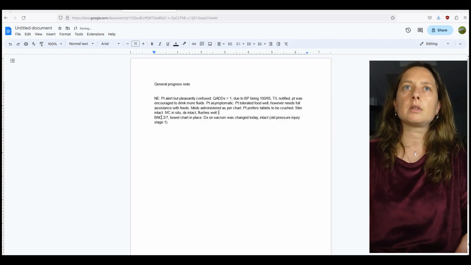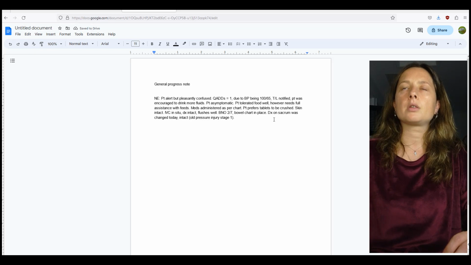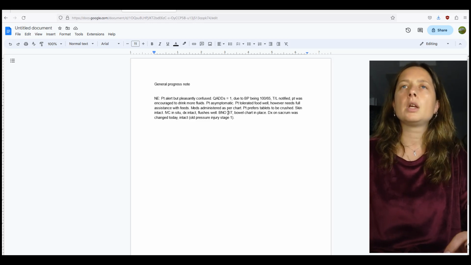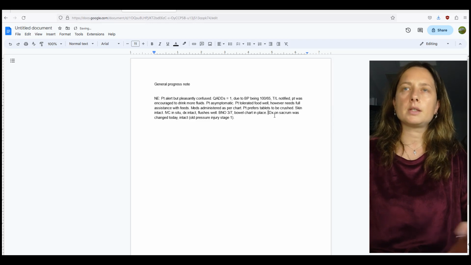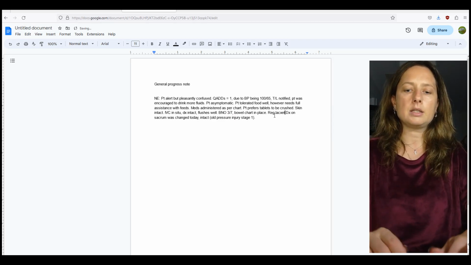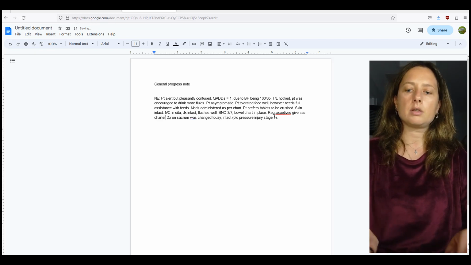Let's pretend that this was for a different patient. Let's say bowels not open, bowel chart in place. Someone with a pressure injury would not be moving much, so they would get constipated quite often. So you would say bowels not open 2 out of 7. Let's make it a little bit worse. Let's make it 3 out of 7. Bowel chart in place, and you can say that regular laxatives given as charted.